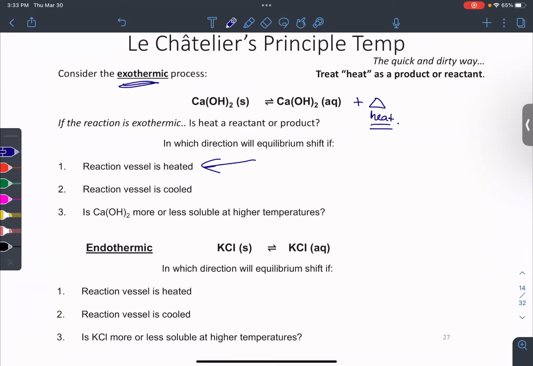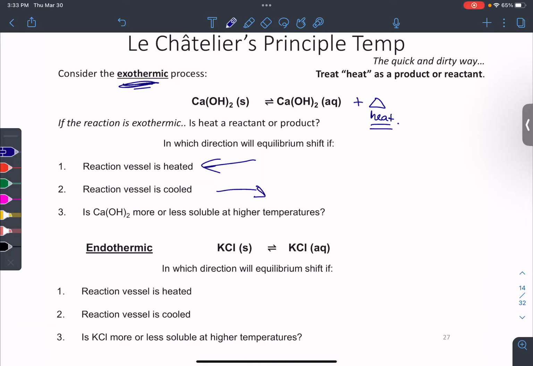Cooling the reaction, you're removing triangle. You remove heat, so we're removing a product. So which way will the reaction shift? To the product side. That's it. So again, if you correctly identify where heat, triangle, lives when it's exo versus endothermic, just treat triangle as a product or reactant, and you'll get there.